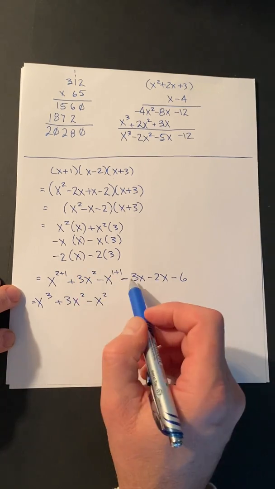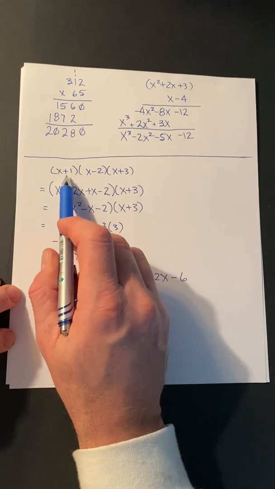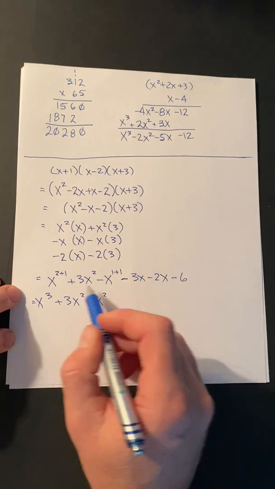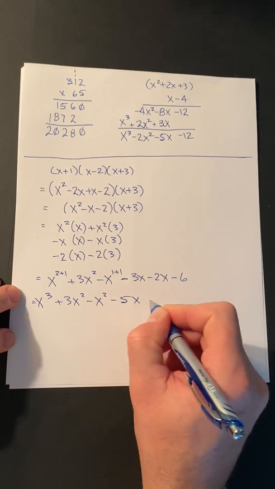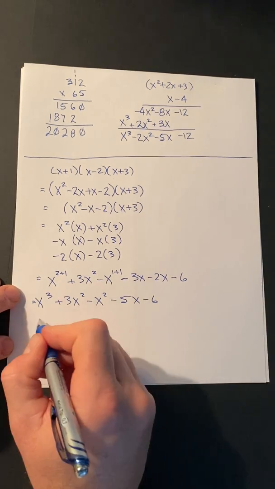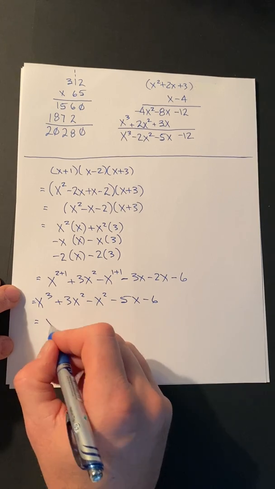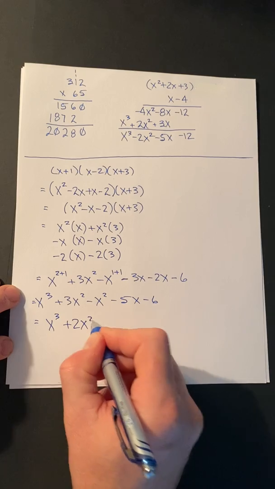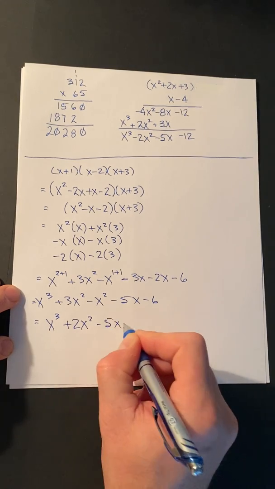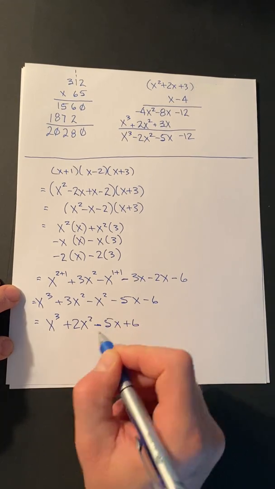Look how these are. When I've got a nice descending order of power, I'm always going to end up with something that really adds together nicely, okay? And now I just have to combine these two. X cubed, that's going to be plus 2x squared minus 5x minus 6, right?